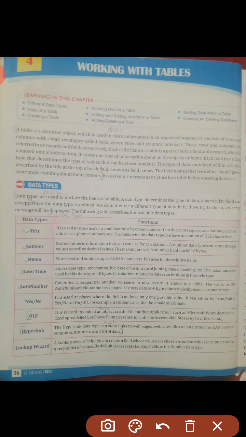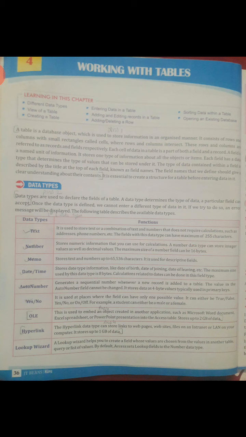The important sentence about text is that a field with this data type can have a maximum of 255 characters. There is a limit for the text data type, and that is 255 characters, not more.